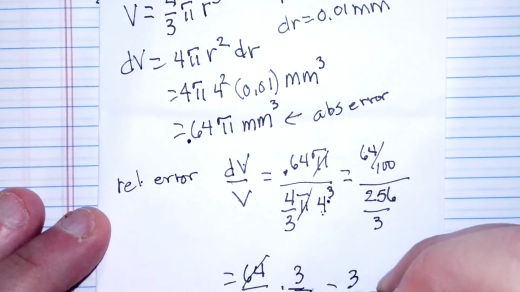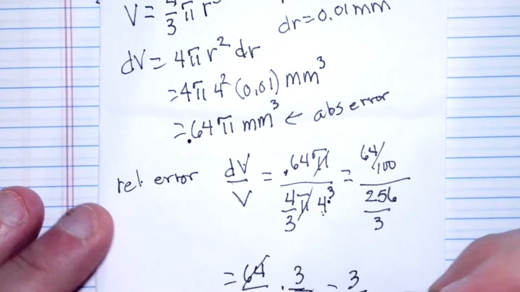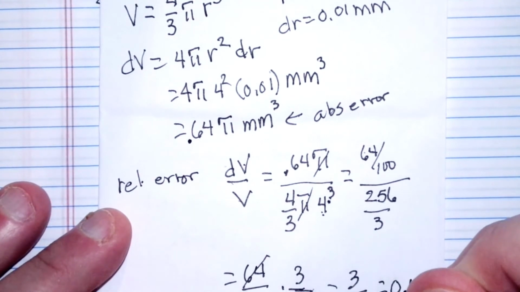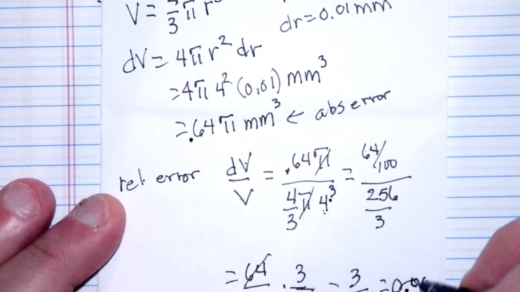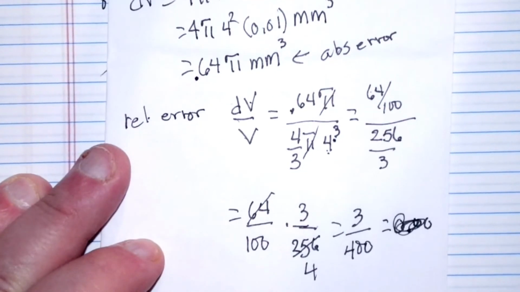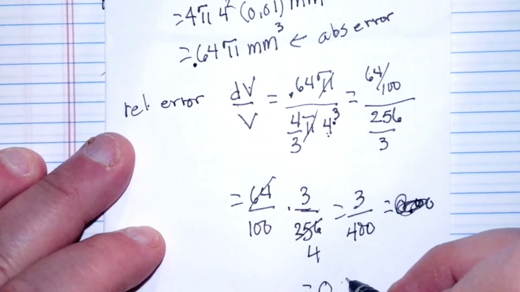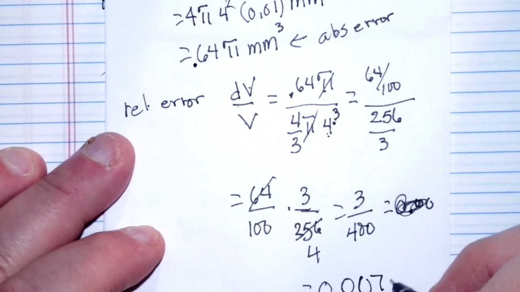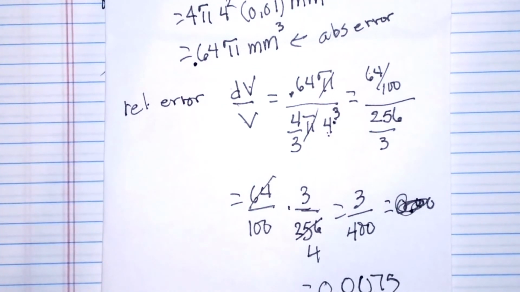So it's 3 over 400, which is 0.00, well, I don't have room to write it there, 0.0075, or 3/4%.